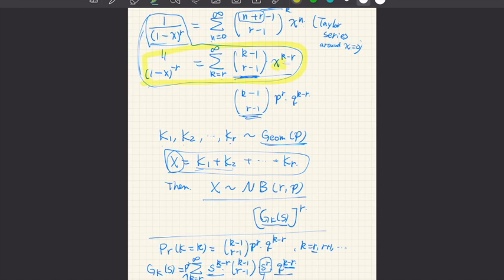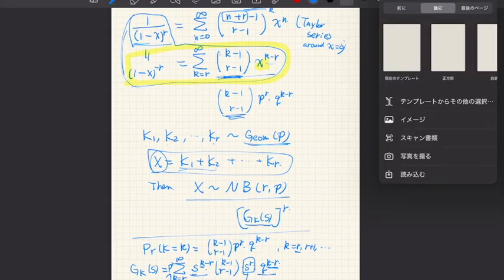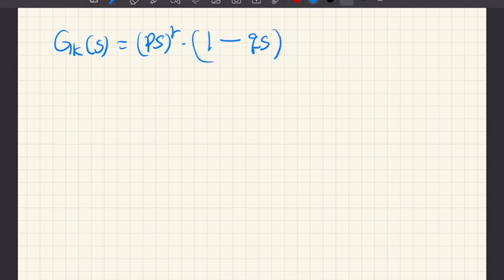So we should have (ps) to the power of r, and applying the negative binomial theorem, it should be (1 - qs) to the power of negative r.